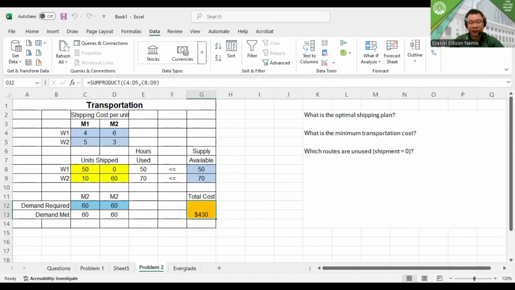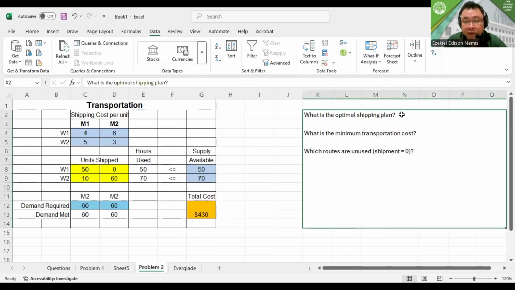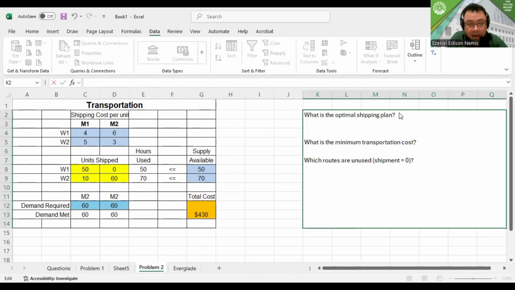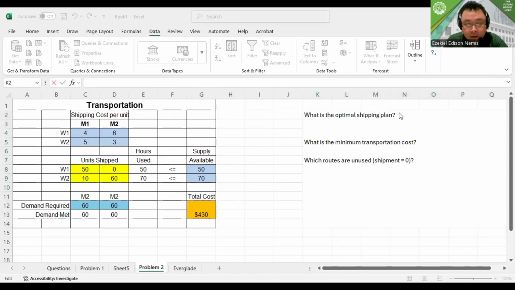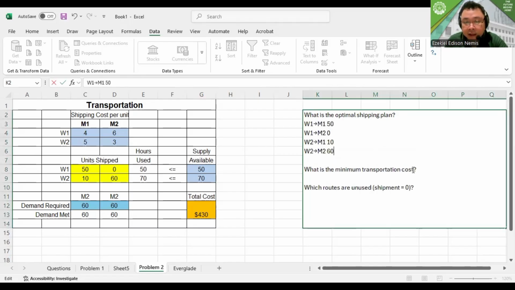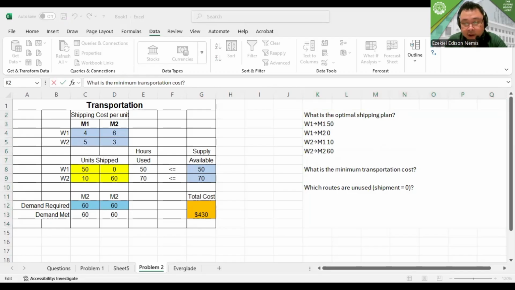So let us type the answer here. Remember the total cost. The shipping plan is W1 to W2, 50. So this is the shipping plan. And for the maximum transportation, we have $430.